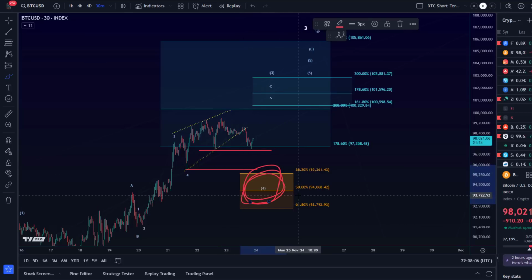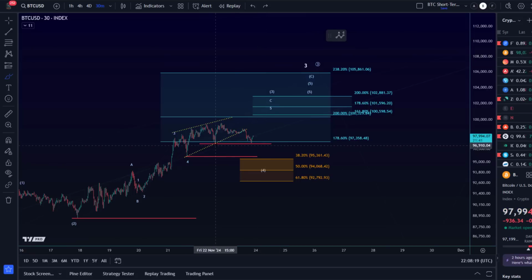Then we can pay attention to this Fibonacci support zone between 92,790 and 95,360. So we're not even there yet. We haven't even broken this previous structural support, this swing low at 97,150.